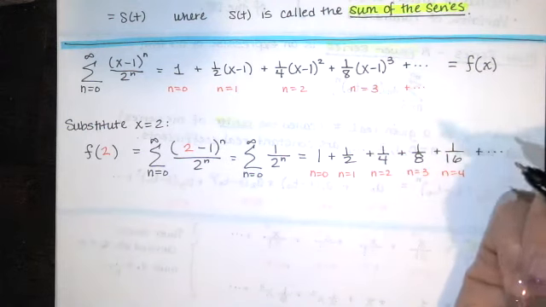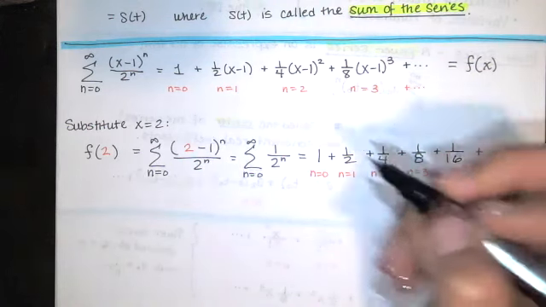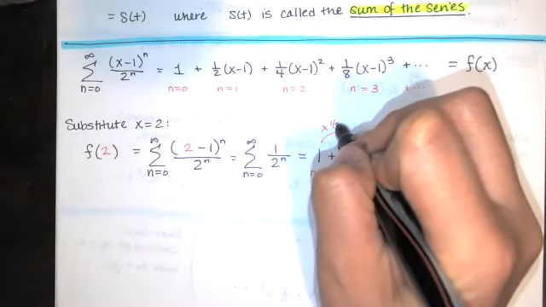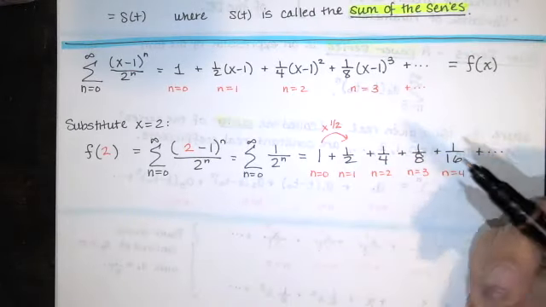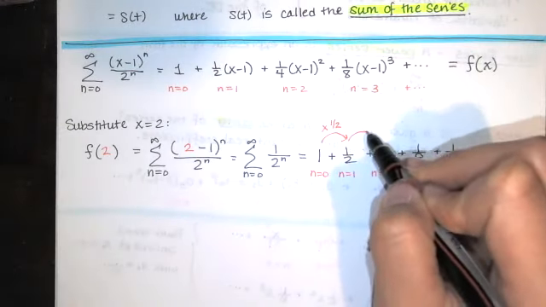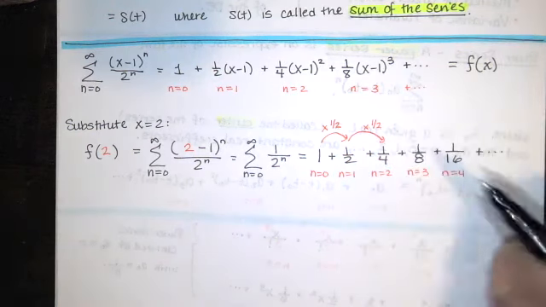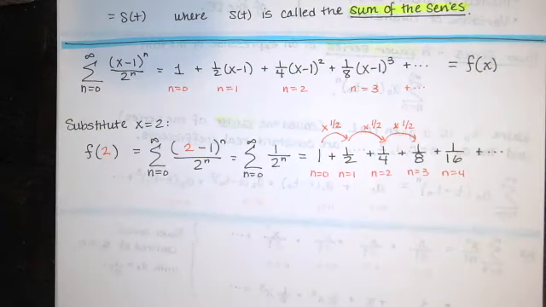From calculus 2, we know that this is what's called a geometric series. In order to get from term to term, we multiply by the same constant. To get from 1 to 1/2, I multiply by 1/2. And if I can do that again to get to the next term, and again to get to the next term, and that's true for all the terms, then it's called a geometric series.